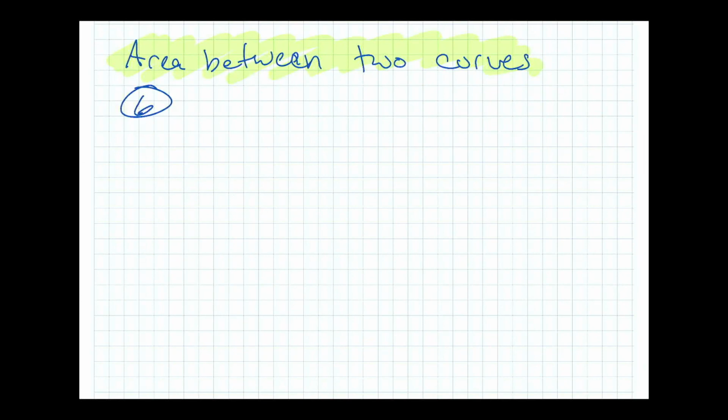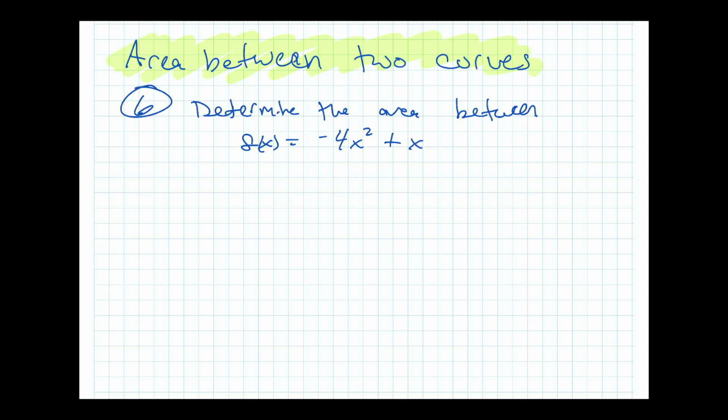Okay, so it says determine the area in square units, which I'm not going to write. Determine the area between f of x equals negative 4x squared plus x minus 25. They actually say that this one's above, no, not above that.